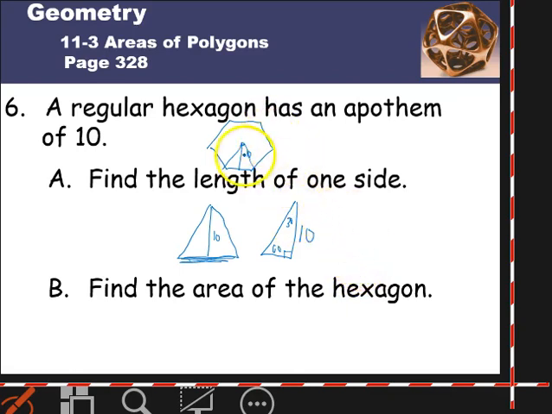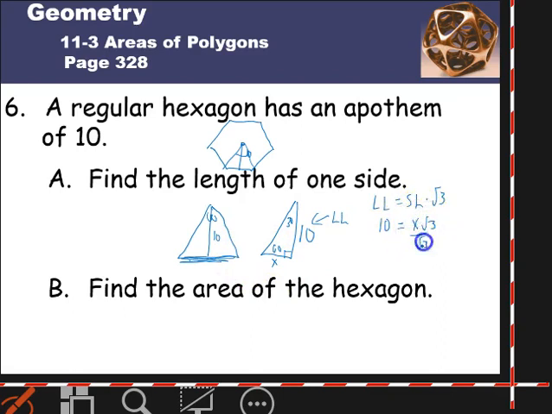So I know that this angle right here is 60, and when I cut it in half, I get 30. So this is a long leg, and the long leg is a short leg times radical 3. So my long leg is 10, and that equals a short leg, we'll call that x, times radical 3.